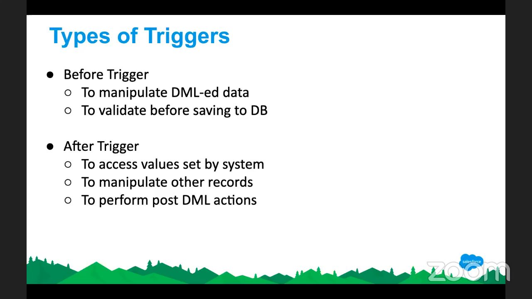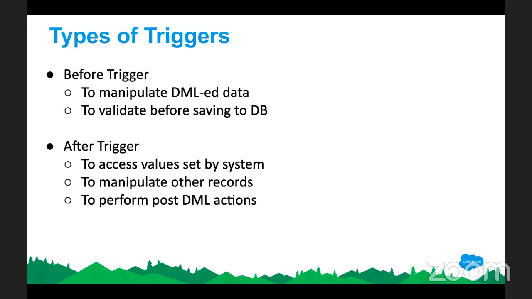After trigger: once it enters the database, then we can access the data set by the database. Assume an insert: when we provide an insert DML operation, the record won't have an ID. Once it enters the database, an ID is generated for the newly inserted record.